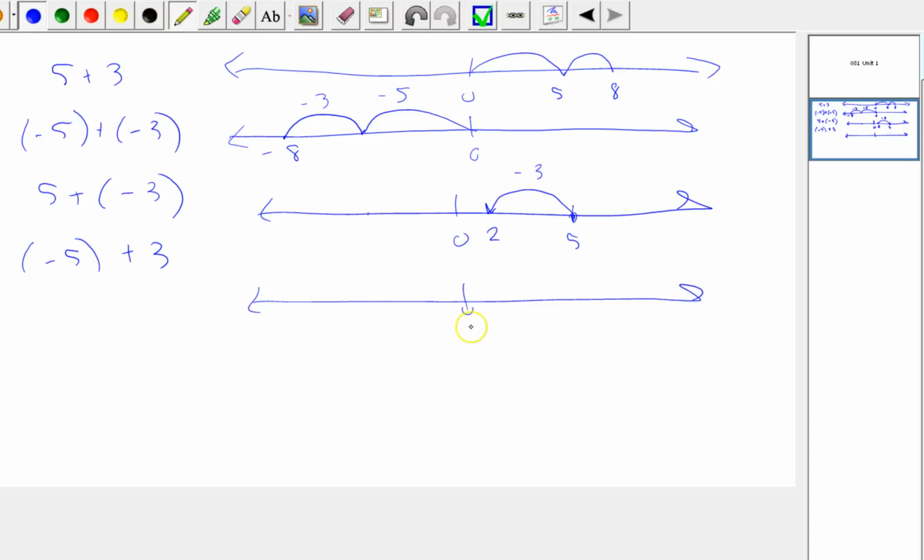And again, these pictures help them see the symmetry and the connections. Start at -5, then we go 3 in the positive direction. That's -2. Okay, so notice this is a reflection of this one. This is a reflection of this one. Okay, this would be +3 from here. Okay, so that's the gist for adding integers, and we'll look at subtracting in the next video.